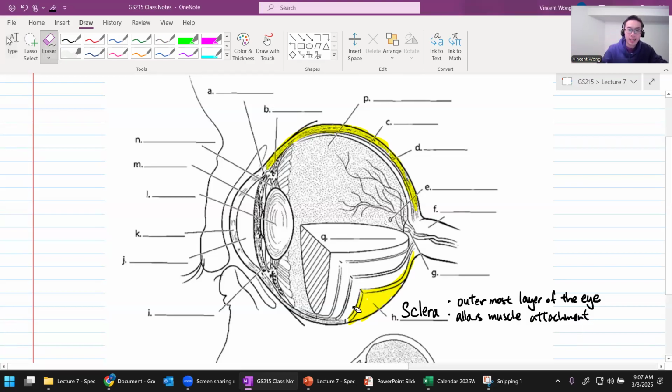Now, the sclera is not going to surround the whole eye, because if it did, then the front is going to be blocked, right? And no light can come in, and that's not going to be very useful. So at the front, the sclera actually becomes transparent.